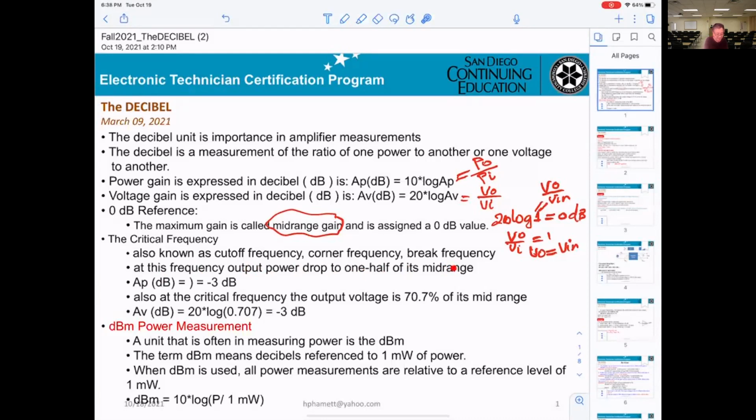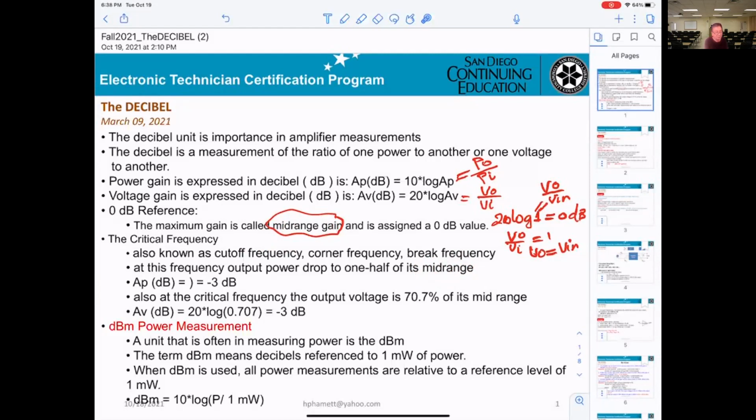Okay? That means at the frequency they call a cutoff frequency or corner frequency, power will be dropped 1/2 of the value in the mid-range. In the mid-range, that means they lose nothing. That's what we already told you here. Okay? 10 watt coming in, 10 watt coming out.